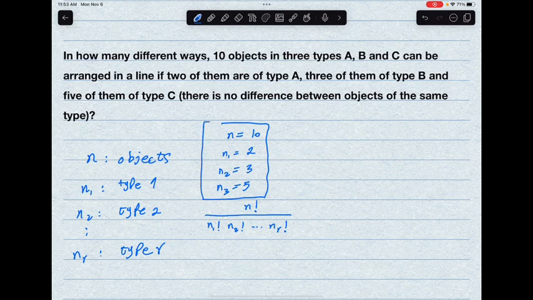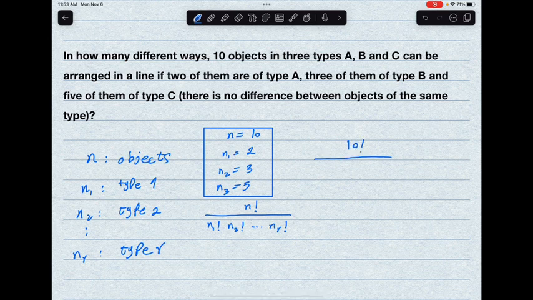We have 3 types, 3 groups, and what's the answer? The answer is n factorial, which is 10 factorial, divided by n1 factorial, which is 2 factorial, n2 factorial, which is 3 factorial, and n3 factorial, which is 5 factorial.